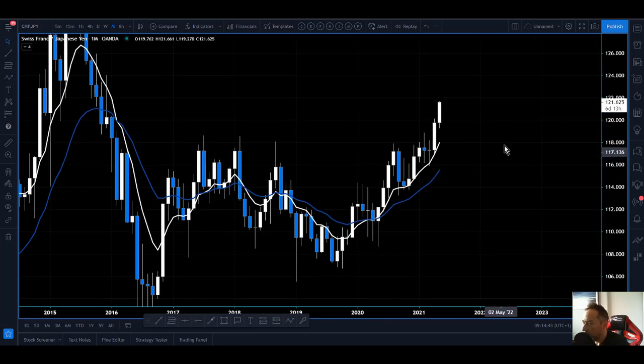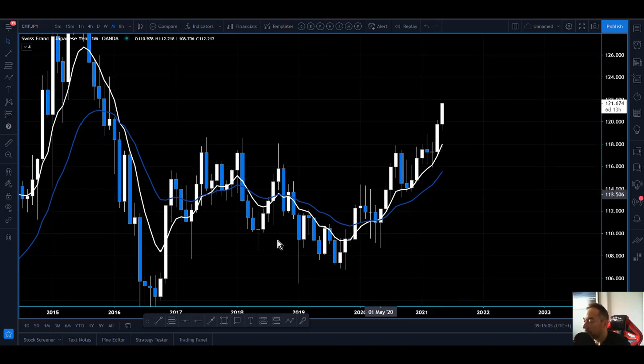Okay, so looking at Swiss yen monthly, we have our averages. We've pulled into the 8 moving average there, and we've had our big month of buying, and this month is also buying. So we've had a couple of months so far of buying action, but it is looking a little bit overextended. It's quite a distance away from this 8 moving average, so I would be expecting price at some point for those buyers to die out, and for price to pull back.